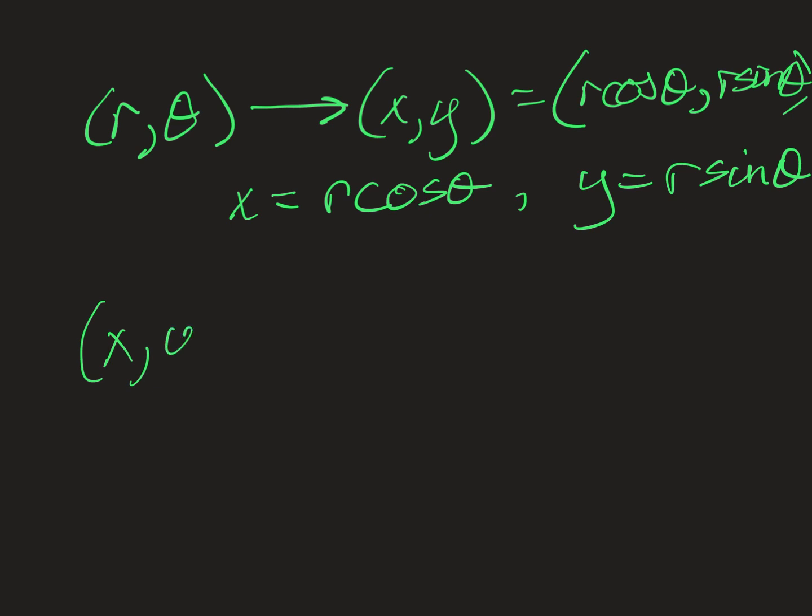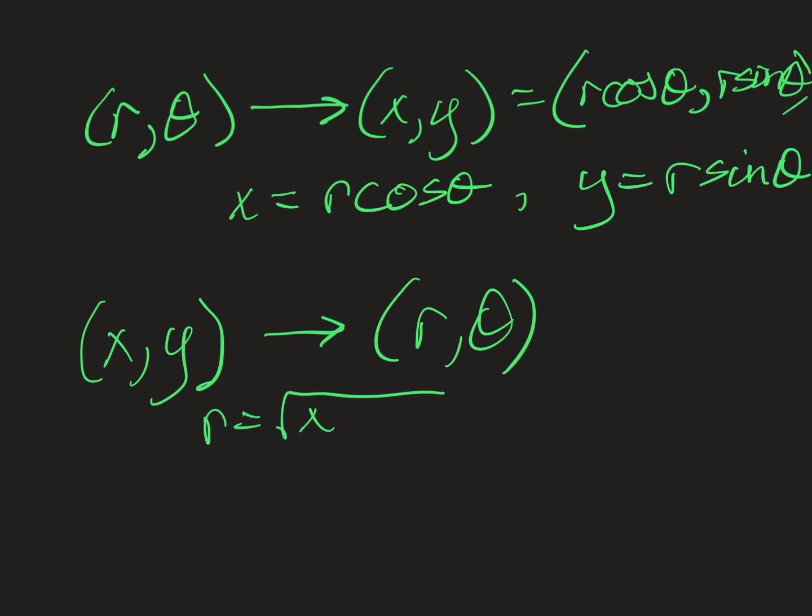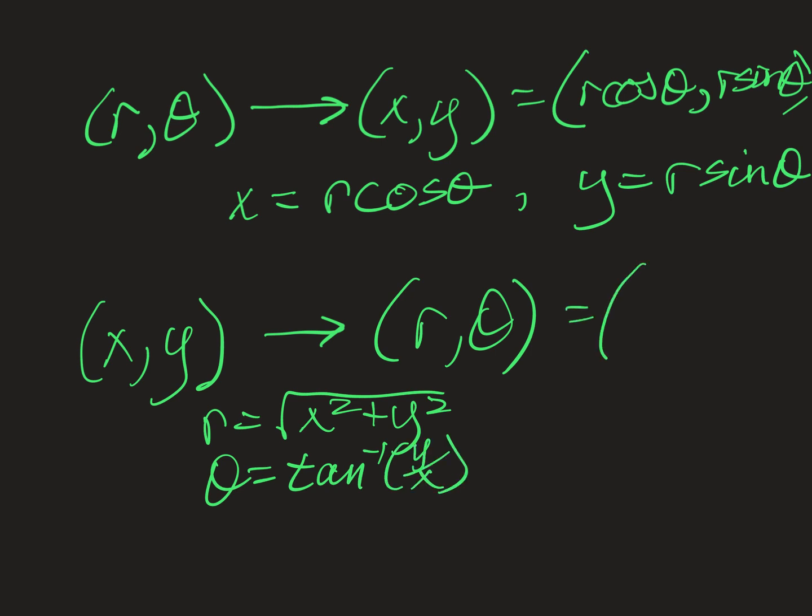To convert from rectangular to polar, you want to use r equals the square root of x squared plus y squared, and theta equals the inverse tangent of y over x. So you could write this as (the square root of x squared plus y squared, inverse tangent of y over x). And that would be how to convert points.